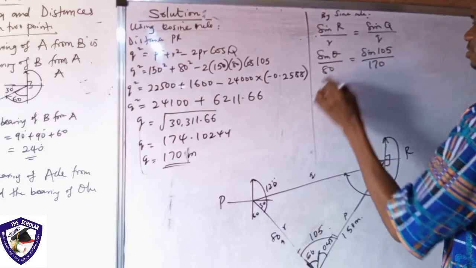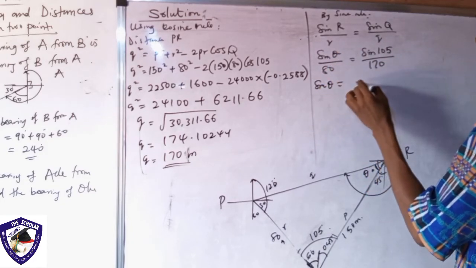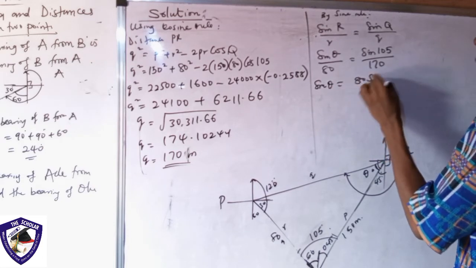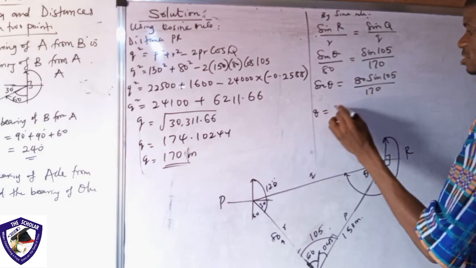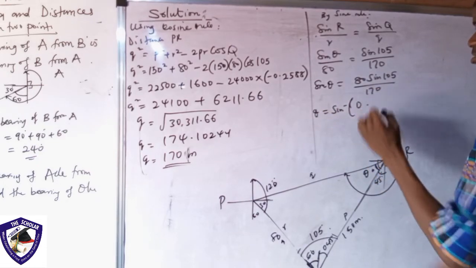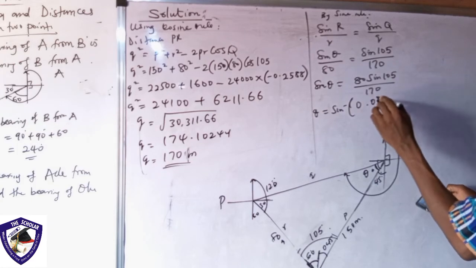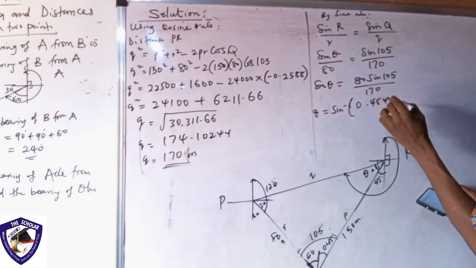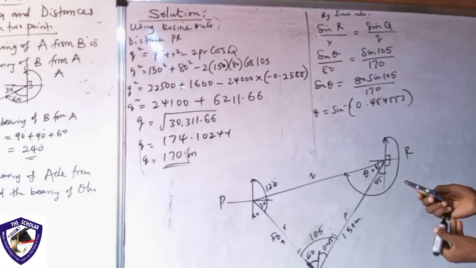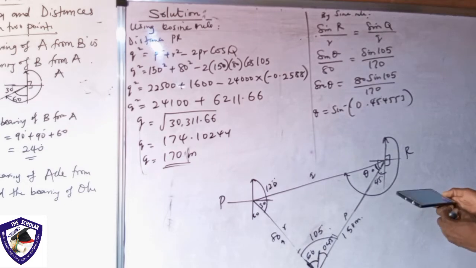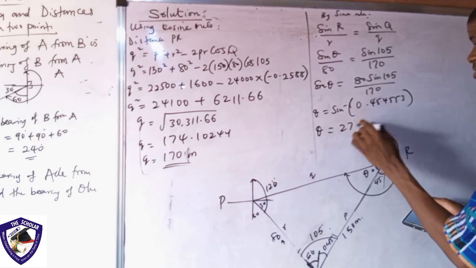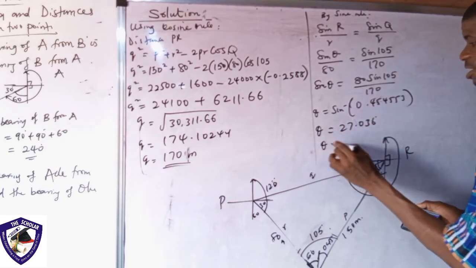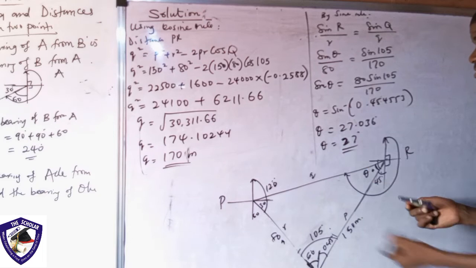So cross multiply, I have sine theta is equals to 80 sine 105 over 170. So our theta is equals to arc sine 0.4553. So the inverse of that gave us 27.036 degrees, and that gives us approximately 27 degrees.